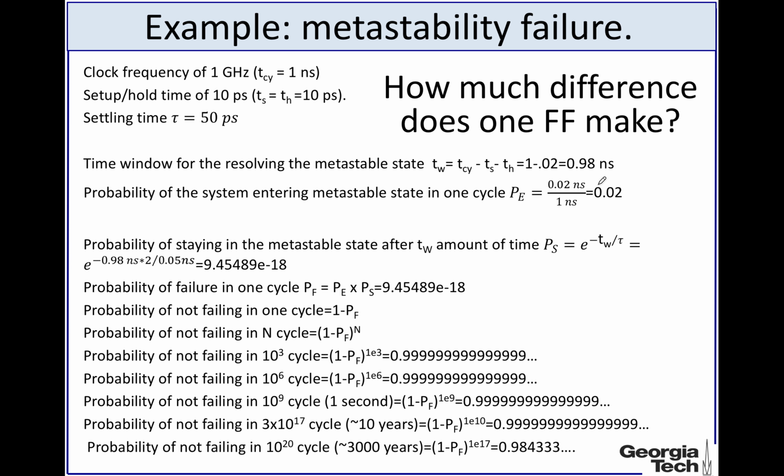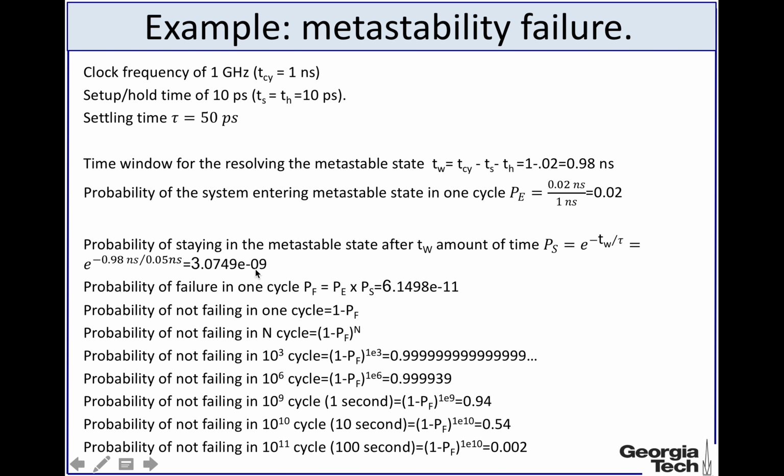All the analysis up to this point is the same. Now because you have added a third flip-flop, the amount of time that you have to resolve the metastability becomes double, and the probability of staying in the metastable state now becomes close to 10 to the power minus 18.